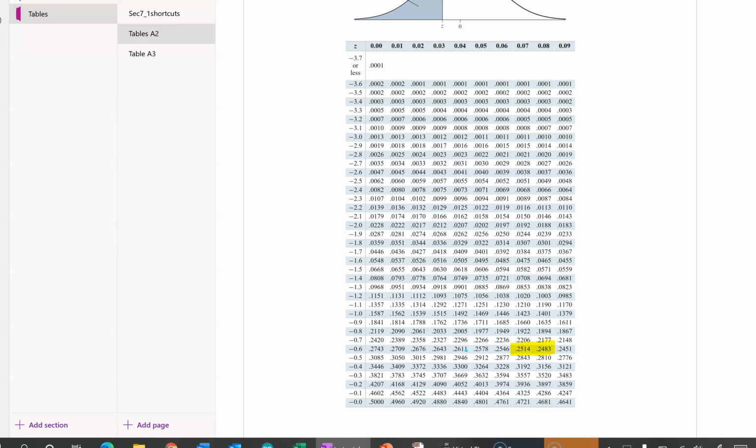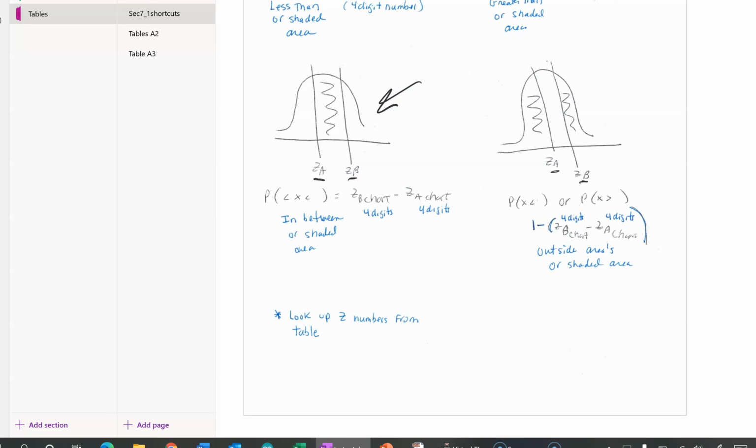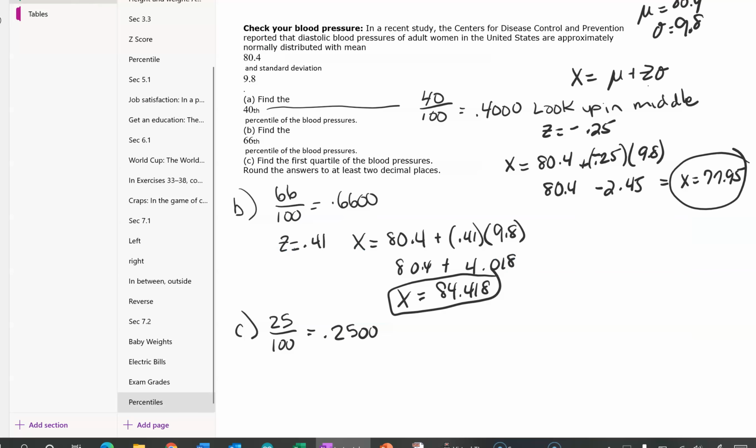0.2483, that's 17 away, so I'm going to take the 0.2514, and that corresponds to negative 0.67. So x is going to be 80.4 plus a negative 0.67 times 9.8.